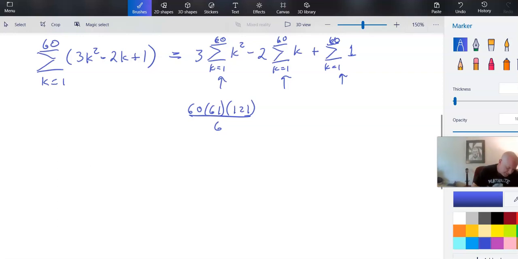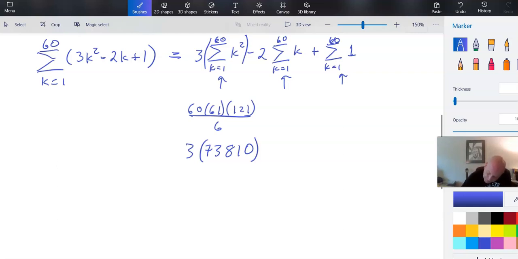Okay, so 60 times 61 times 121 divided by 6, wrong formula, gives me 73,810, right? And remember, that's this part. So if that's this part, all I have to do is multiply that by 3 to get the sum of the first term.